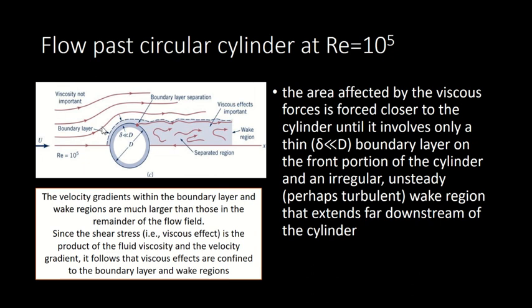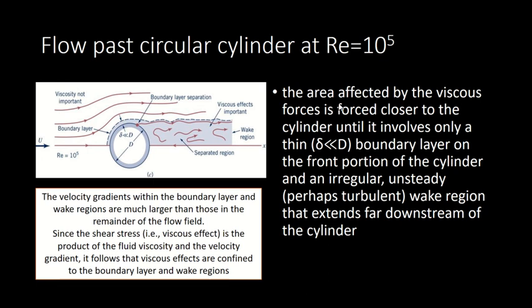Of course the symmetrical streamline cannot be captured anymore, and the separated region is also much larger. The wake region behind the body is also large compared to Reynolds number 0.1.